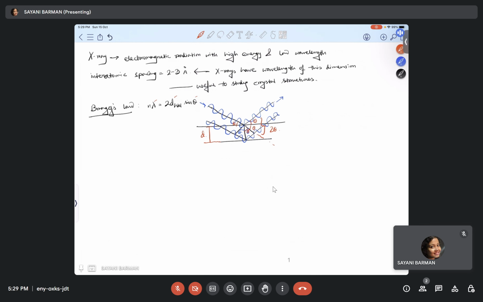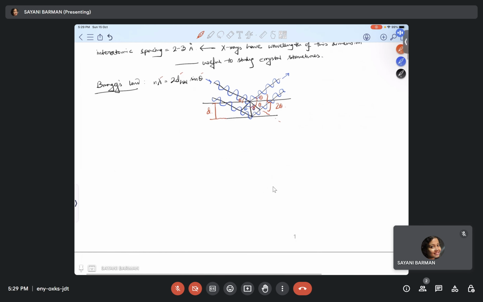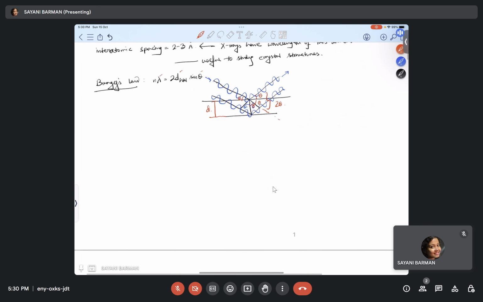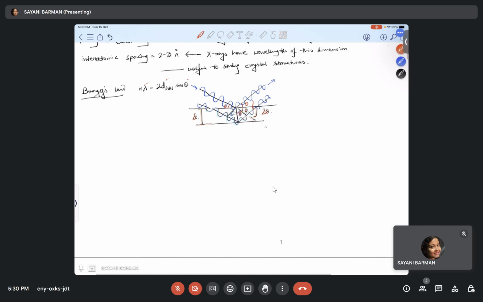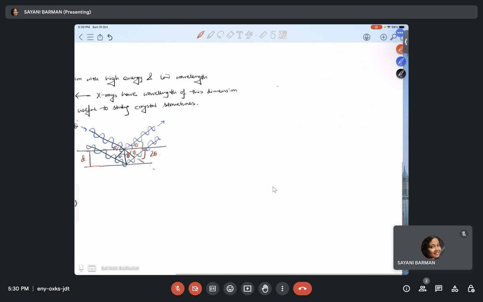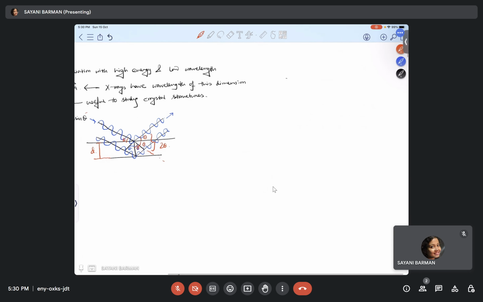Now coming to the next topic, that is the source of X-ray. In the source of X-ray, we can see how X-rays are generated. Okay, there is space. So let's say this is the level.